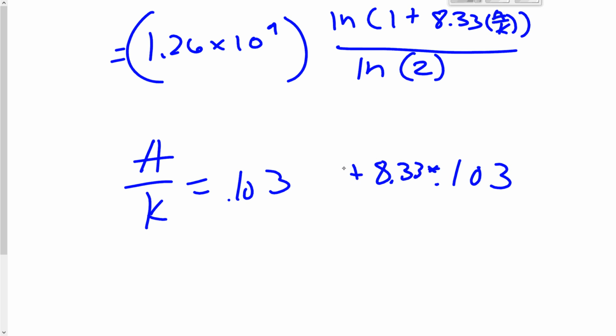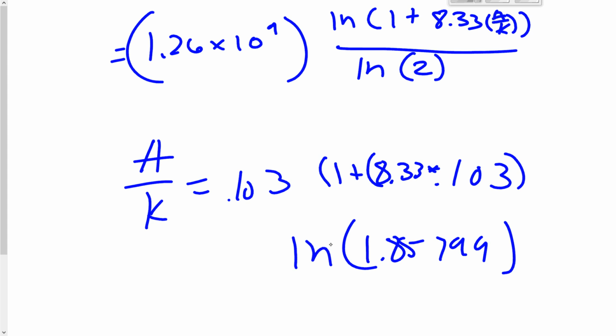Okay, and now I'm going to add 1 to that. So I'm just going to put plus 1 equals a number. Okay, 1.85799, and then I want to take the ln of that. So I want to hit ln on my calculator, and then I want to hit the answer button, parentheses, and then I want to hit divided by ln of 2, and put that 2 in parentheses.